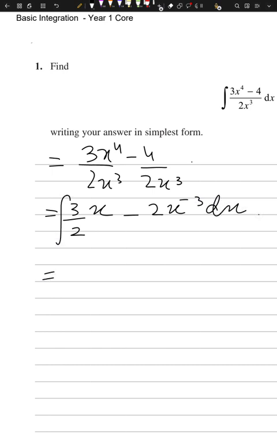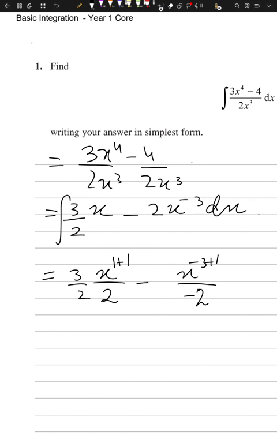Now just integrate it. So this is going to become x to the power of 1 was the previous power, but add 1 to it and divide this by the new number. 3 over 2 stays as it is, minus x to the power of negative 3 plus 1 divided by the new number. So the new number is negative 2, right?